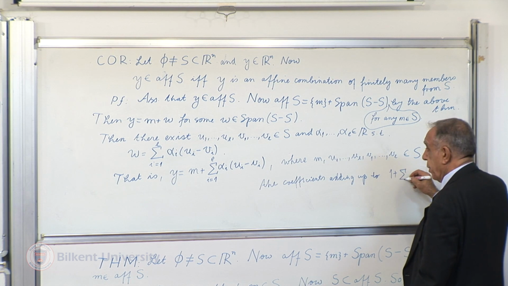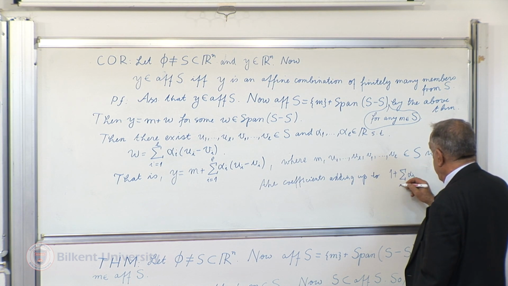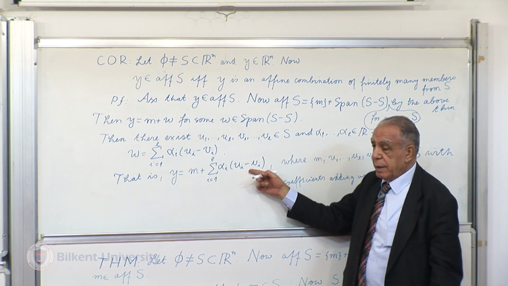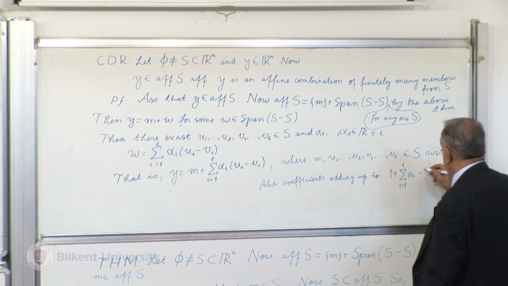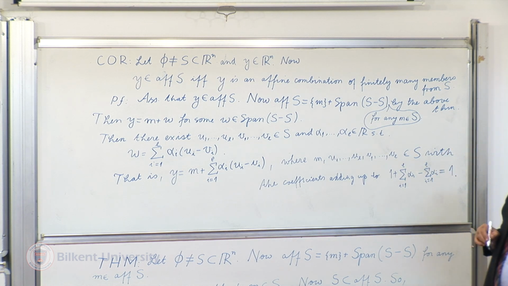That is equal to the sum of alpha i from 1 to l, and the sum of the coefficients of the vi's, that's minus the sum of alpha i from 1 to l, which is 1.